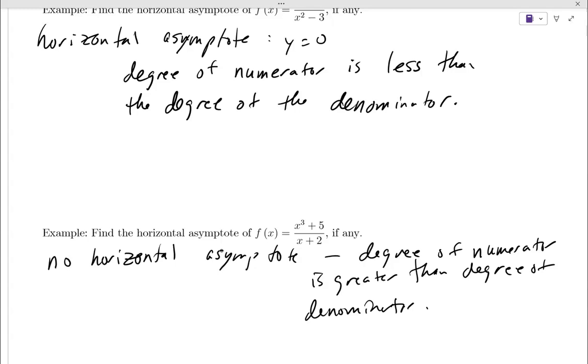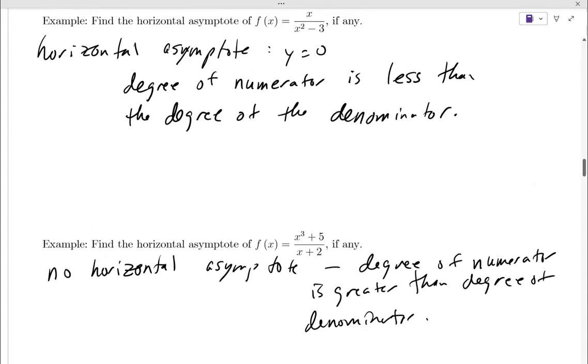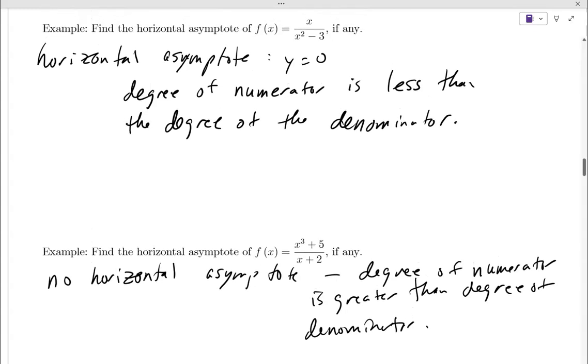Now let's think for a second about why that might be true. When we talked about end behavior for polynomials, what did we worry about? When we were looking at what happens as x gets big, in either the positive or negative direction, what term did we worry about? The leading coefficient, that leading highest power, the leading term. Well, finding horizontal asymptotes is just like doing end behavior, but for a rational function.